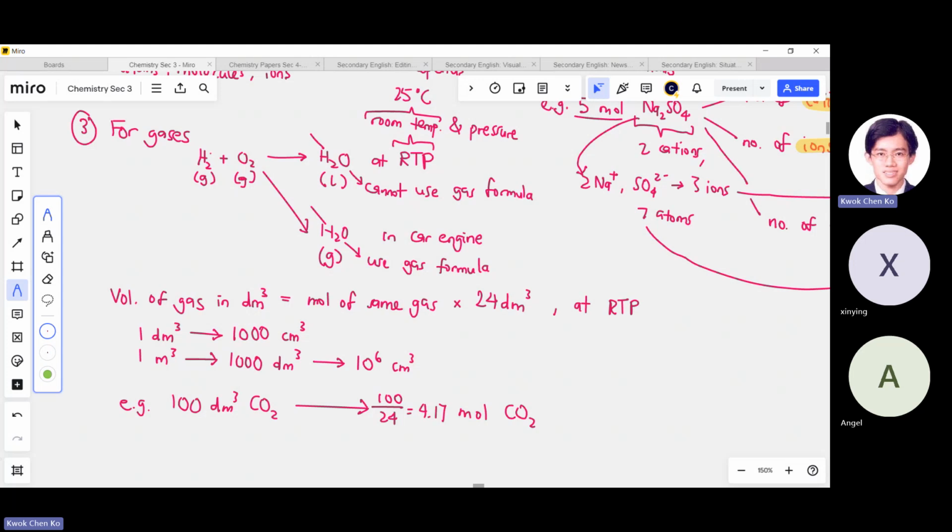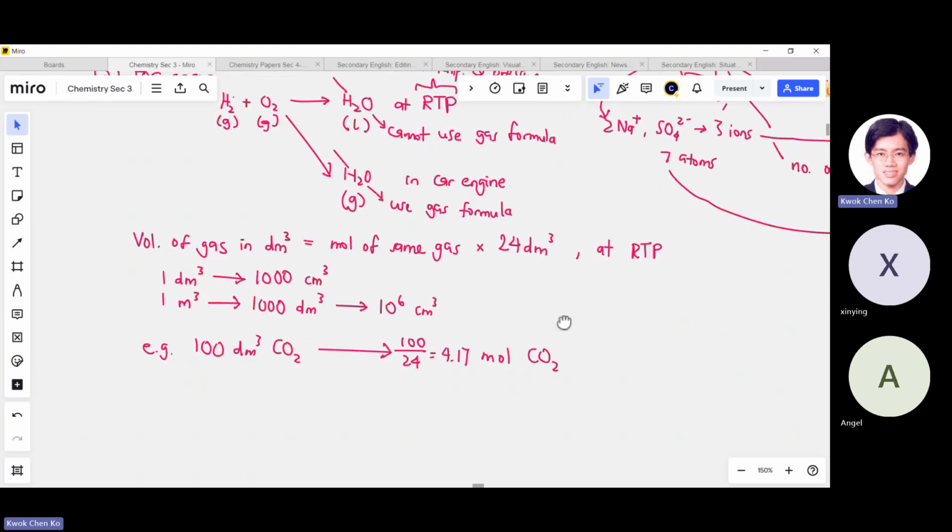All right, so there's the gas formula. Of course, anyone has questions, please voice out. Otherwise, I shall move on. Right, so I shall move on.